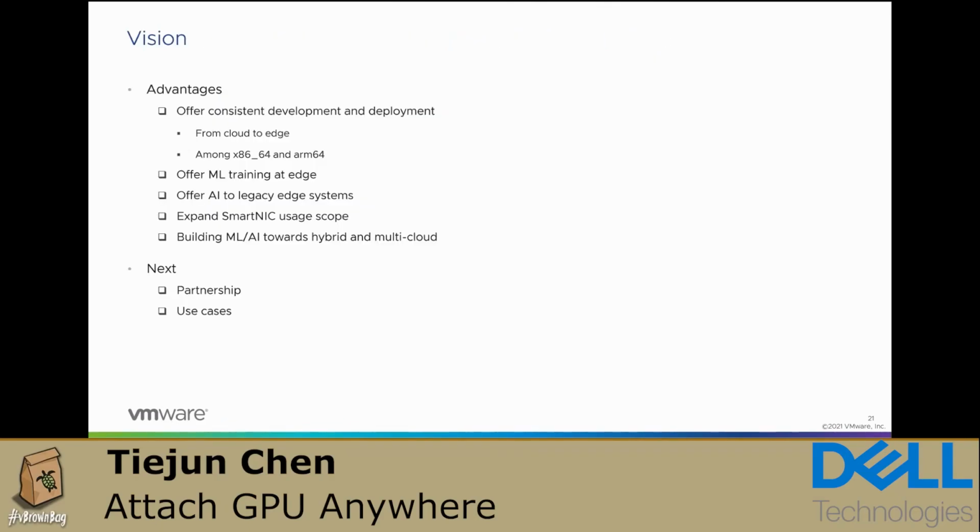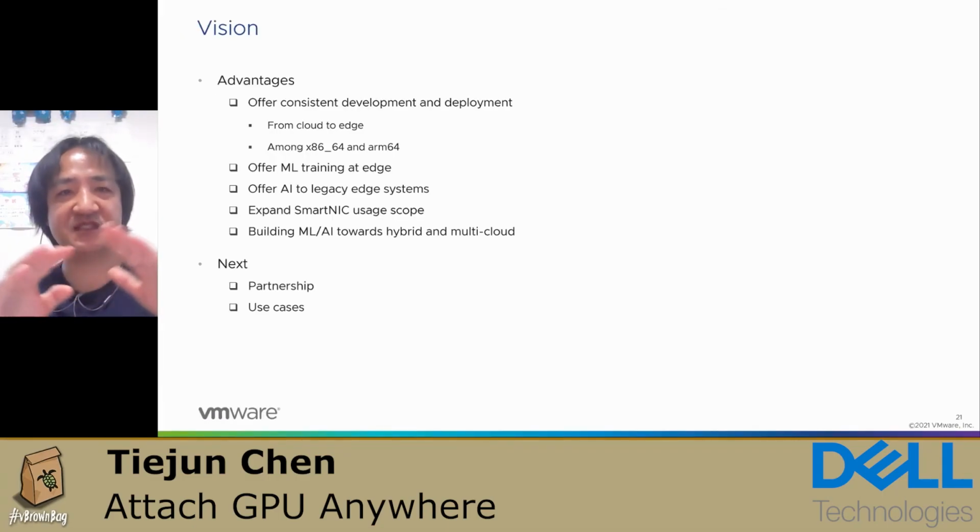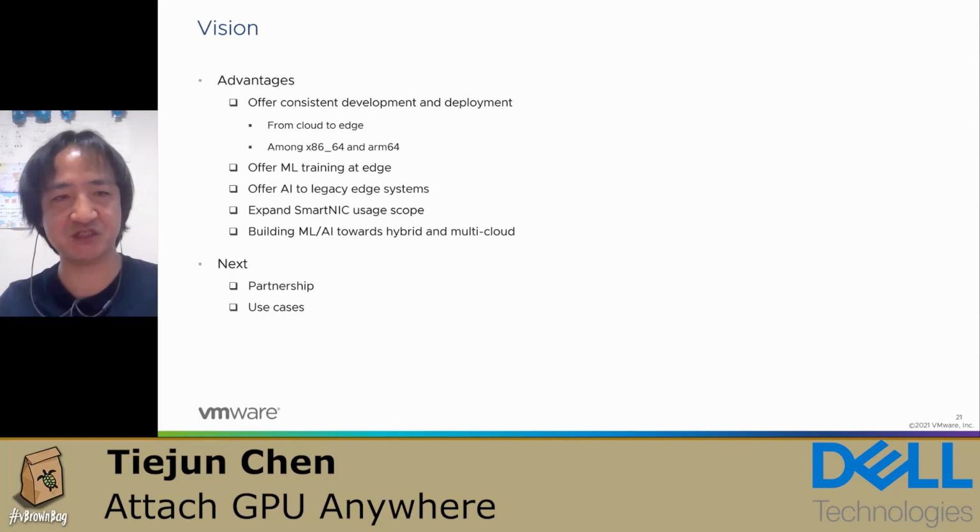The last part is about some takeaways. In our project, I think our solution can offer consistent development and deployment from cloud to edge and among x86 and ARM64, because now we can use the same CPU and even the same software. We can use those traditional machine learning frameworks on the edge on different architectures.